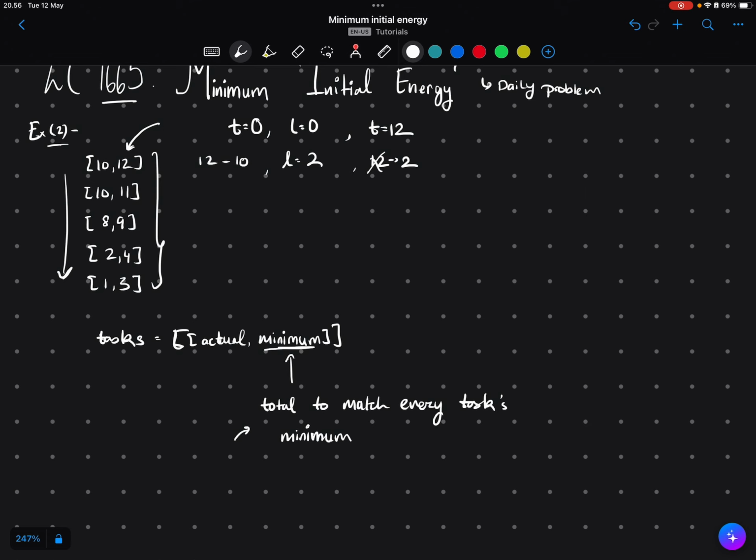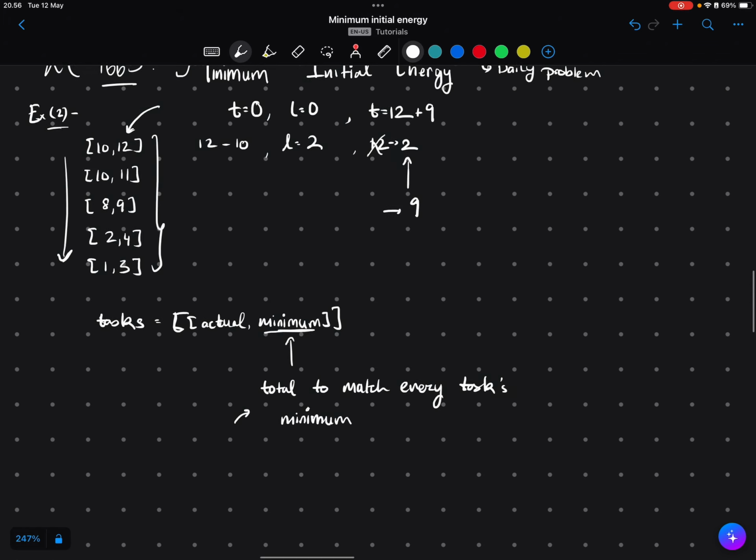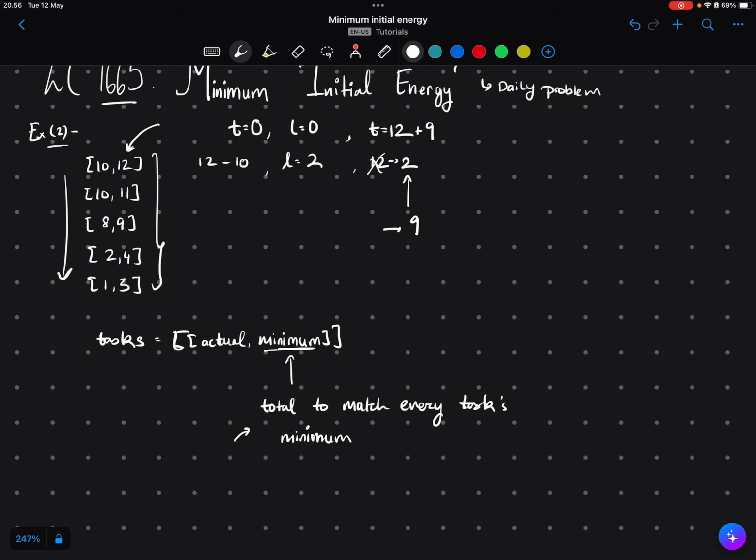Then let's do 10 and 11. Now we have leftover 2 from our previous task. What's the difference, 11 minus 2? 9. So we need to borrow 9 more now. We complete this task, 11 minus 10, because we refilled it to 11 only. Take out the 10 and we will be left over with 1.